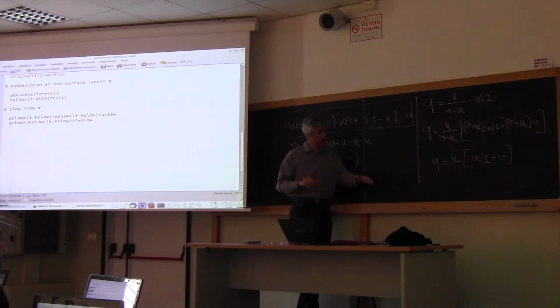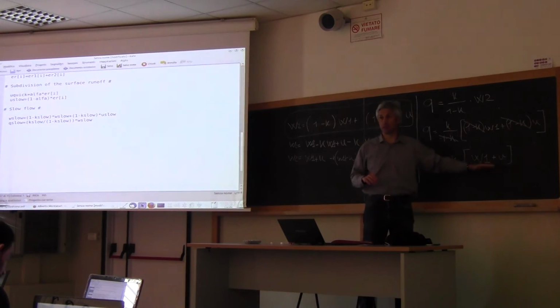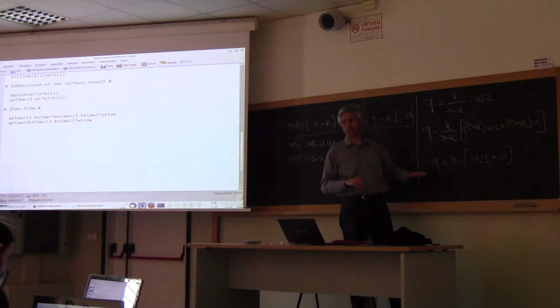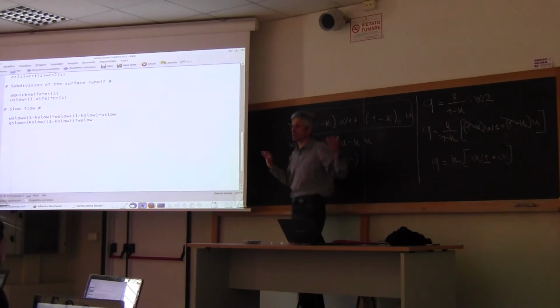So we start from the previous value of the volume. We add rainfall, multiply by K, and get Q. This is what we did in our linear reservoir.